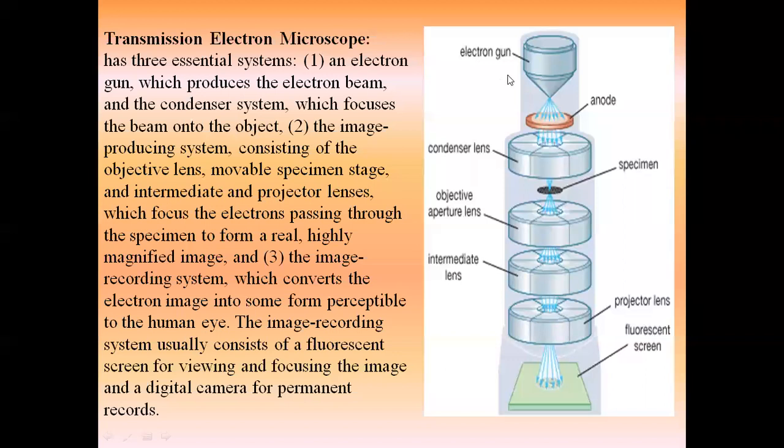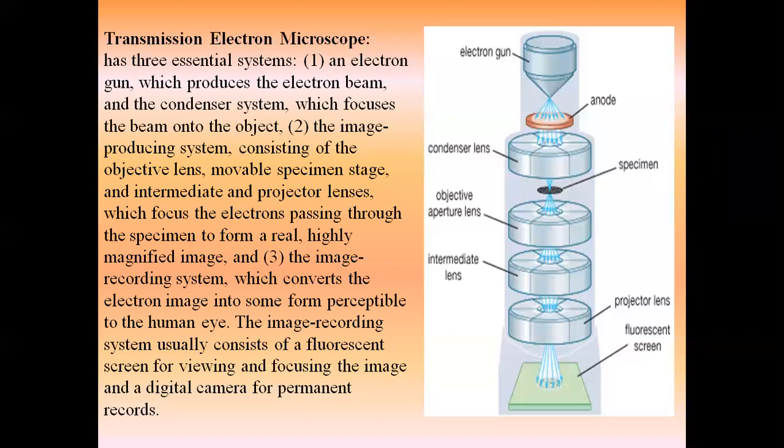Here we can see the first part. This is your electron gun. The electron gun is basically a tungsten filament which is V-shaped. When a high voltage is passed through the tungsten filament, the electrons are released.